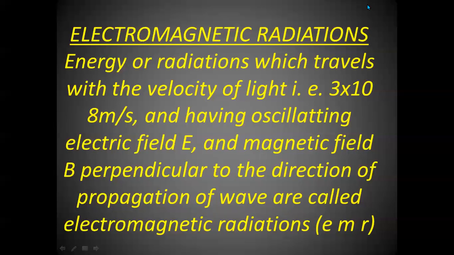There are a few defects in Bohr's theory. To overcome those defects, we have to understand certain phenomena like black body radiation, photoelectric effect, Compton effect, de Broglie equation, and Heisenberg's uncertainty principle.